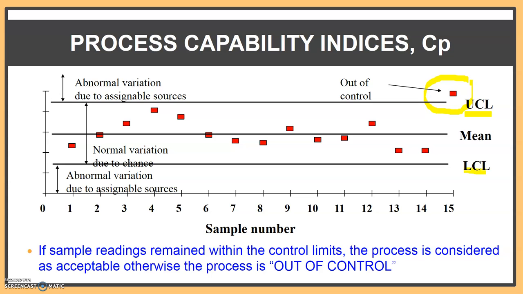That is abnormal, considered as assignable causes. So we have to solve it by an improvement plan, as you learned in chapter 8. If the data only goes up and down between the UCL and LCL, we consider it natural causes, so your process is considered a stable condition and can produce a good product.